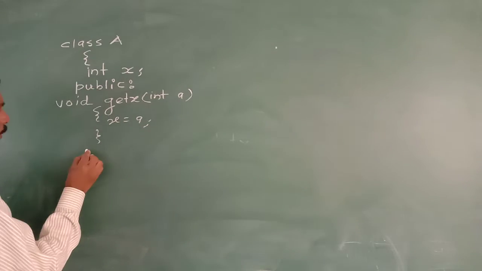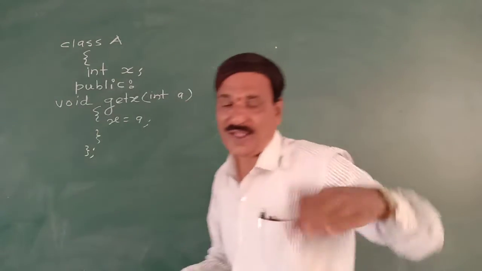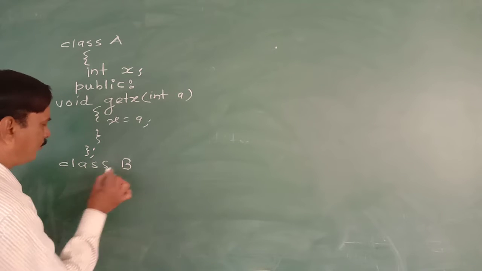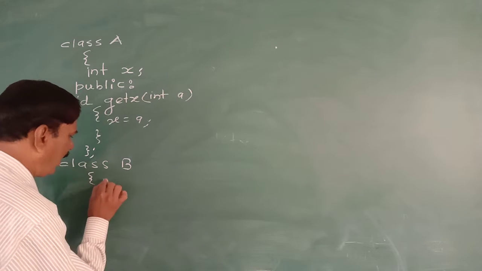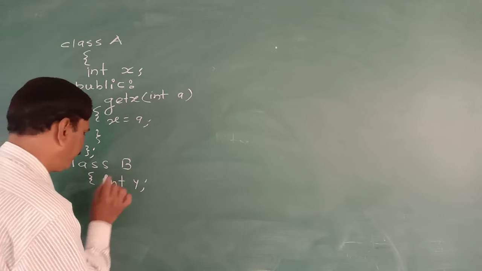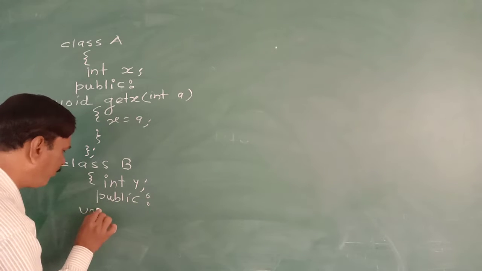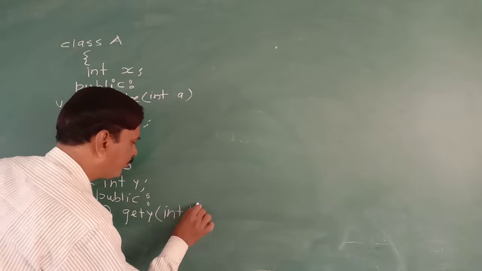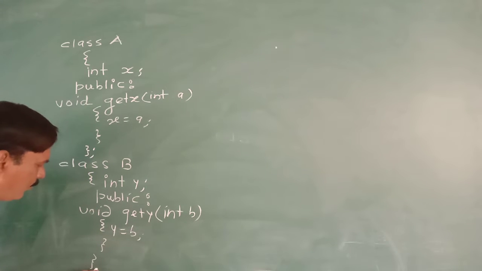Now we finish the class here and define one more class. Say class B, and inside class B we define a data member integer y, and inside the public section a function void get y, integer b, y is equal to b.